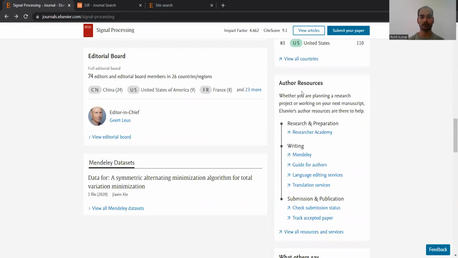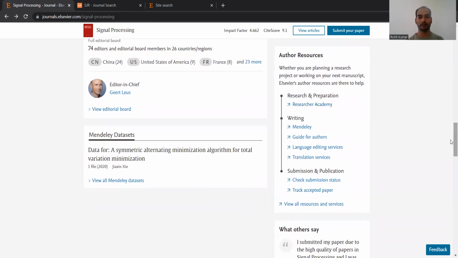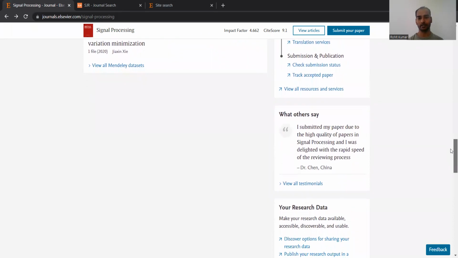Then coming to the authors resources. Here you have lots of different tools and other facilities, the links which you can use to have better research preparation, submissions, article publications, and writing. Different sorts of editing, translation, and bibliography related tools are available, so you can take help if you are interested.